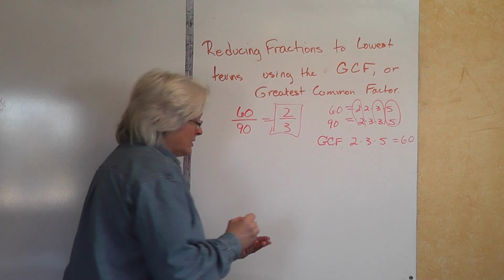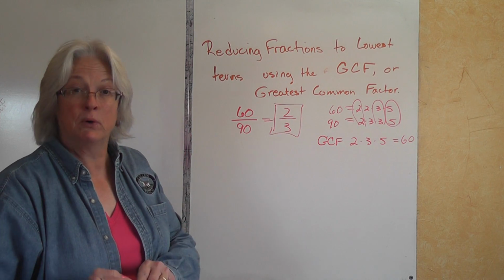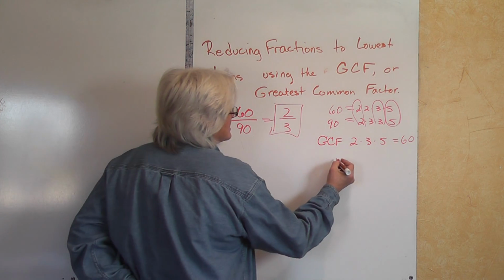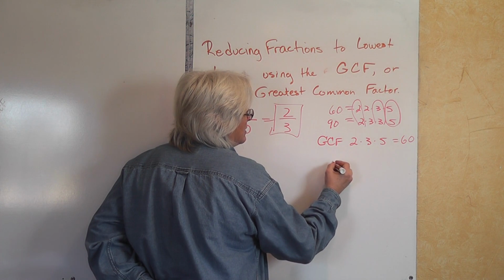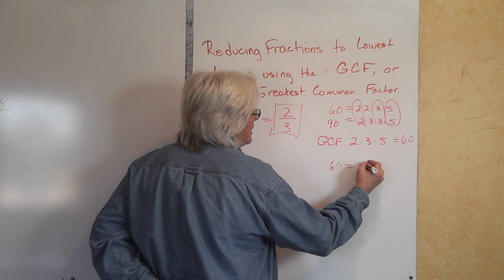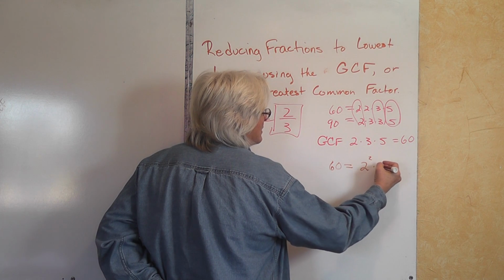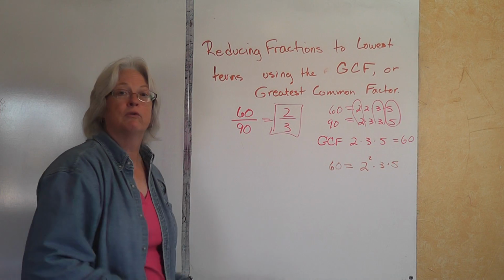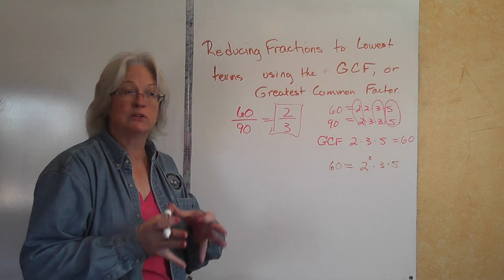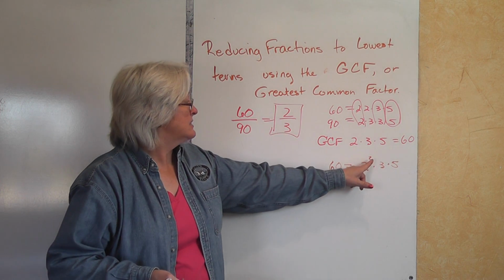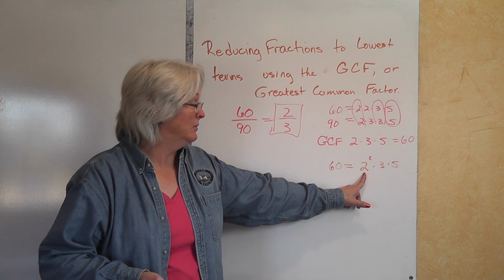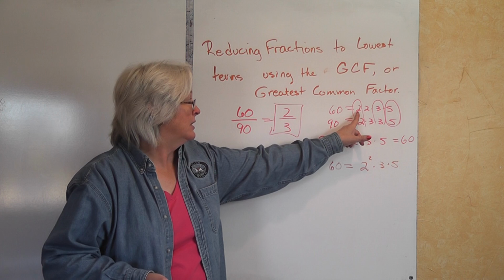If we wanted to go ahead and use exponential notation here, 60 would be written as a product of primes, 2 squared times 3 times 5. Remember, when we use exponential notation, this indicates that the number 2 is used as a factor how many times?